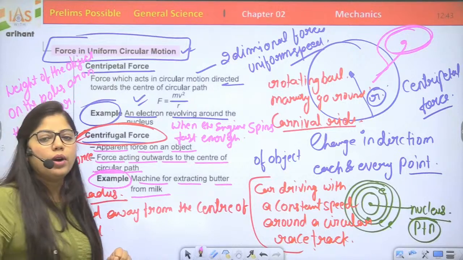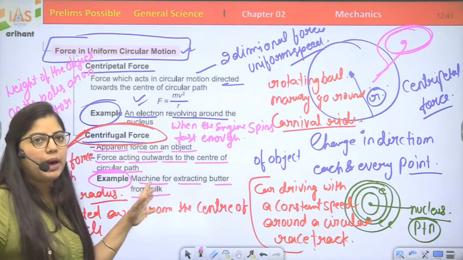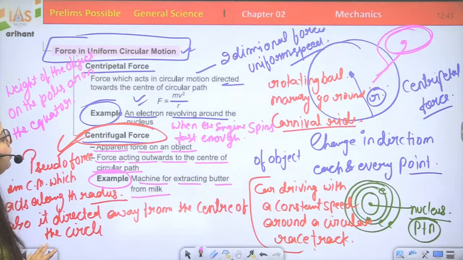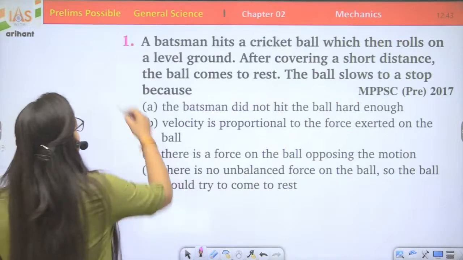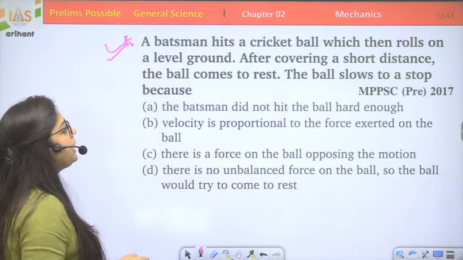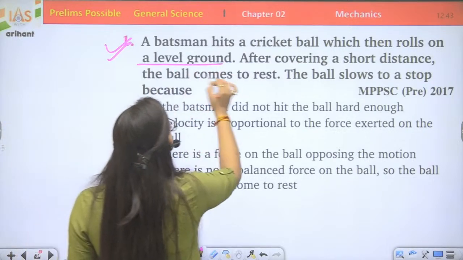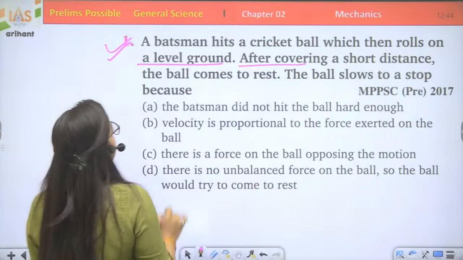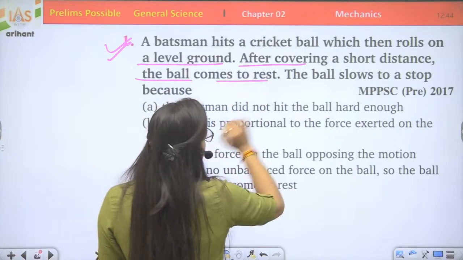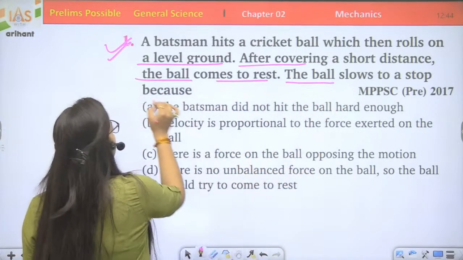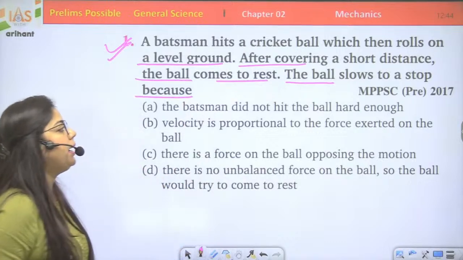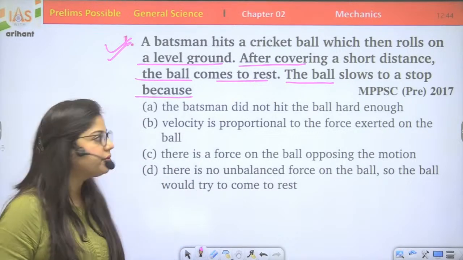I hope you understand this part. Clear? Now comes the question and answer. Number one question: a batsman hits a cricket ball which then rolls on level ground. After covering a short distance, the ball comes to rest. The ball slows to a stop because the batsman did not hit the ball hard enough.